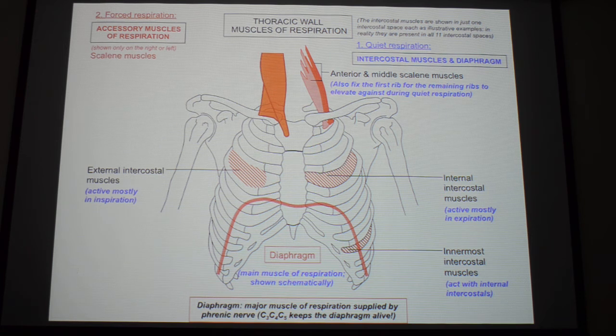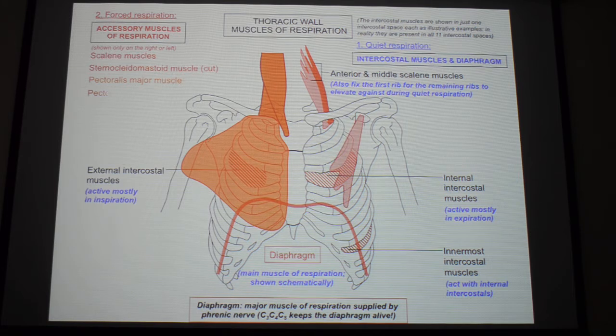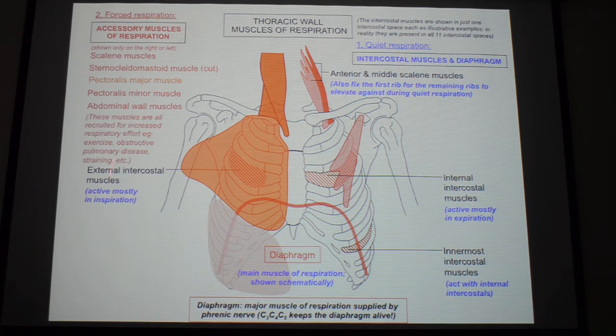Then we have sternocleidomastoid, pec major, pec minor, and the abdominal muscles. So there's a list. Those on this side are the accessory muscles, and these are the main muscles. Right? With the red, the accessory muscles. Is that clear? Yes, Pali.